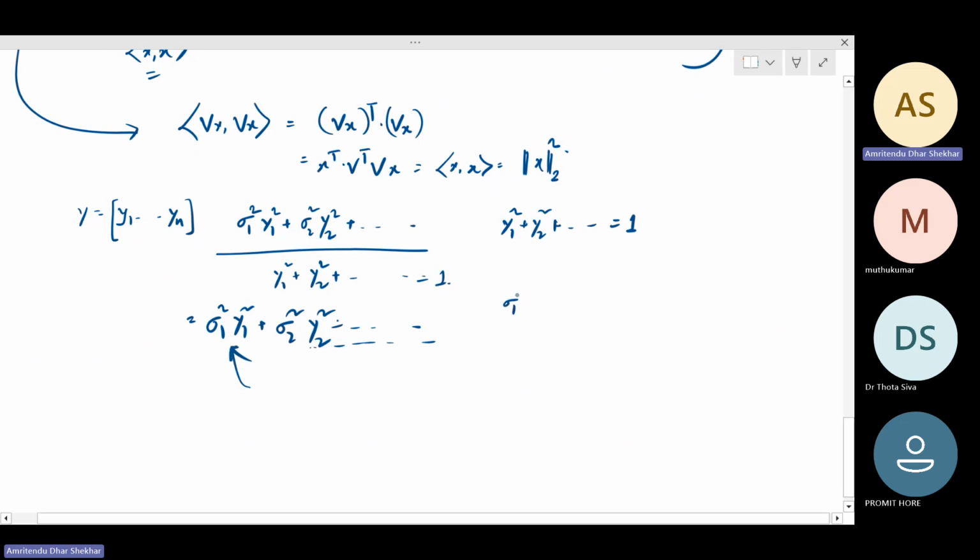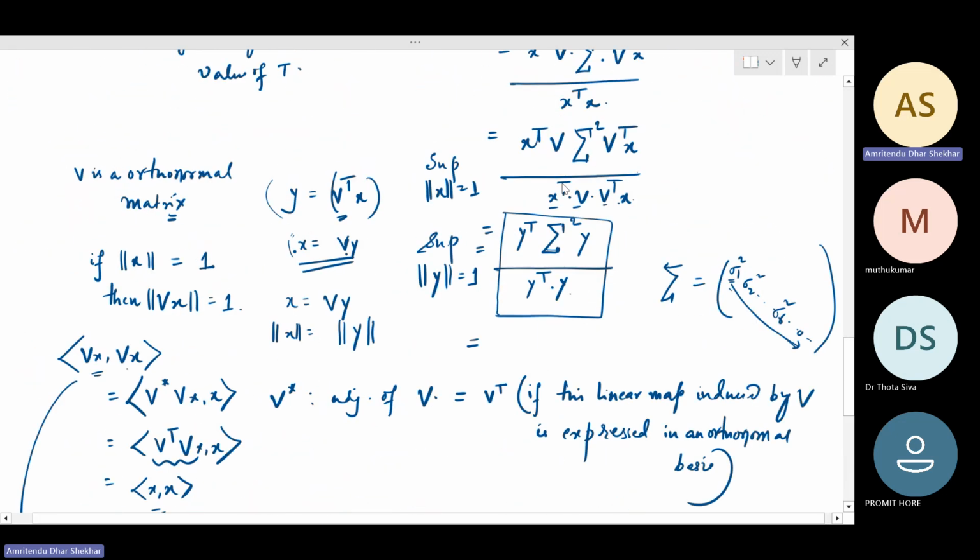You're basically assuming that sigma 1 is greater than or equal to sigma 2 is greater than or equal to and so on. So if you want to maximize this quantity, you will set all these to 0 and get this to be equal to 1. These y squares are basically fractions. So the maximum value would be equal to sigma 1 squared. I hope it's clear how you're getting this.